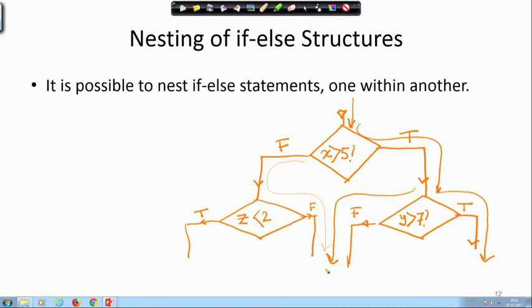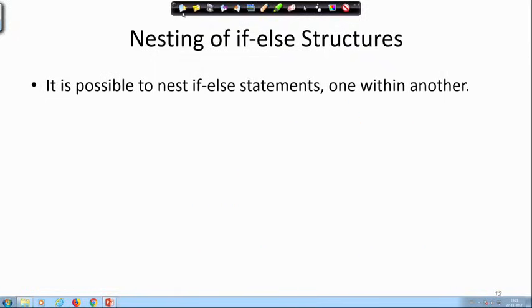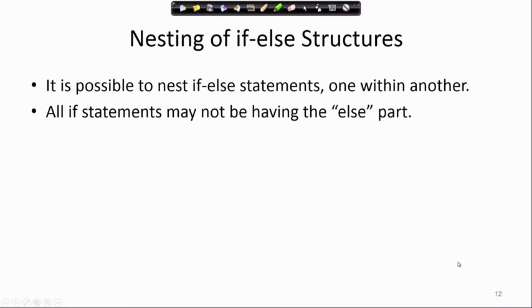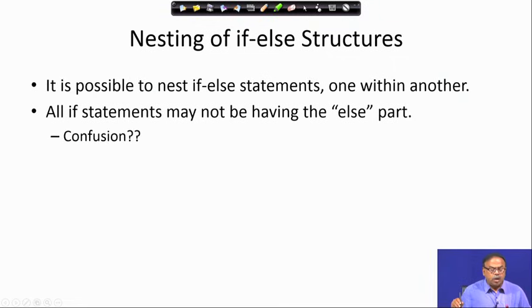So, in the path that the program follows, there can be more than one decision box. That is what we mean by nesting of if else structures. That means, nest one if else statement within another. Now, all statements may not have the else part.